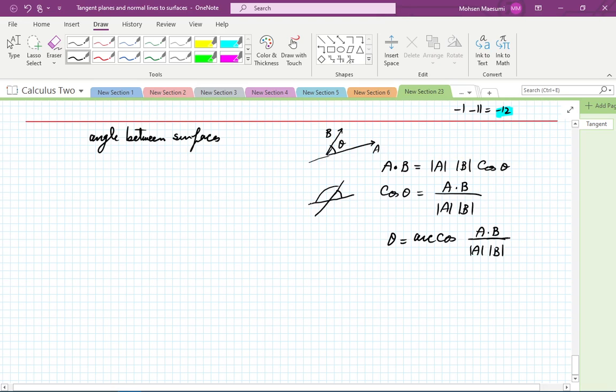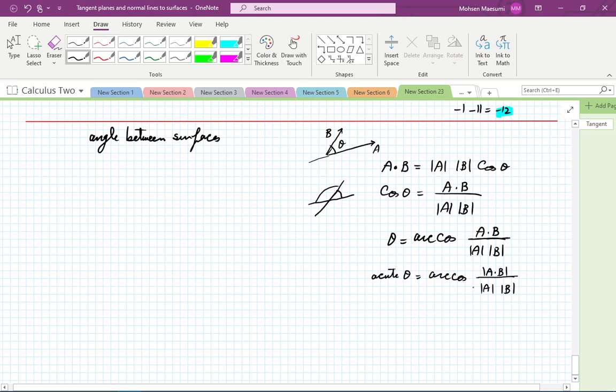In most circumstances, people go after the acute angle. If you insist on acute theta, you force it positive, so you don't have to deal with obtuse angles.